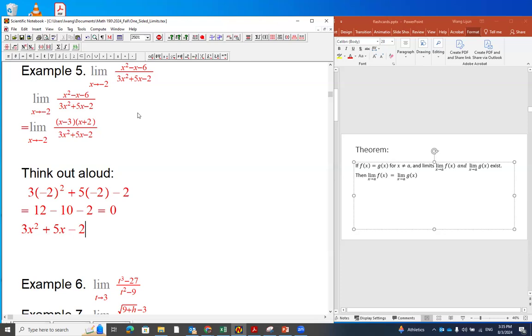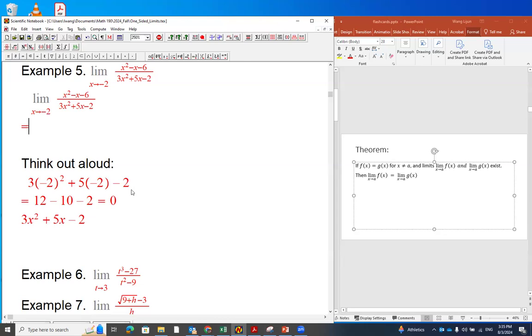This is our algebraic skills. And I found I can factor this into factors. Okay, let's see if it works.